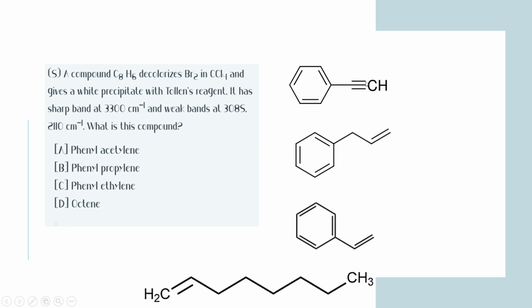Okay, if we compare these two CH frequencies, the alkyne CH frequency comes around the region 3100, sorry, not 3100, it will be near the value 3300.